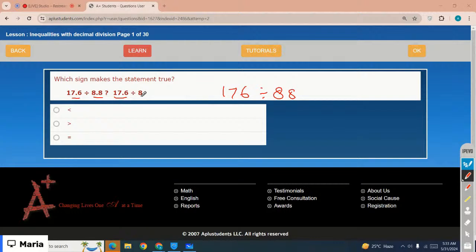And for this one, you have to remove the decimal point from the dividend. You need to add a 0 with the divisor. Got it? So 176 divided by 88 is 2, yes, that is 2. And 176 divided by 80 is 2.2. So 2 is less than 2.2.